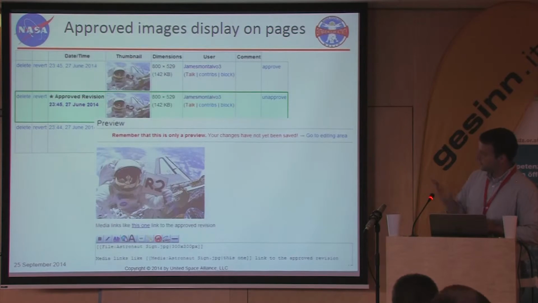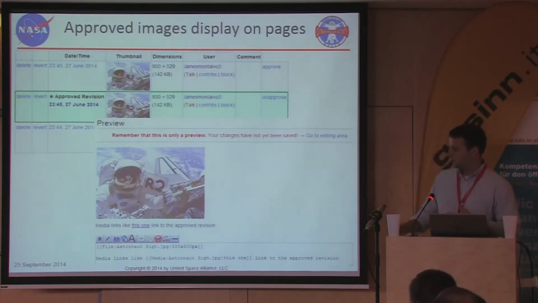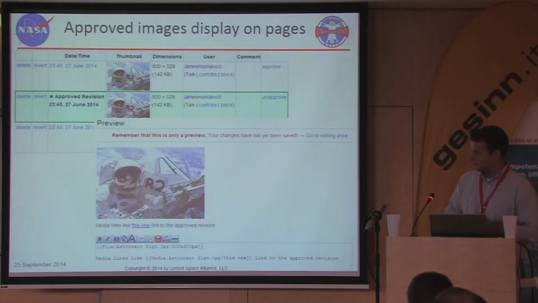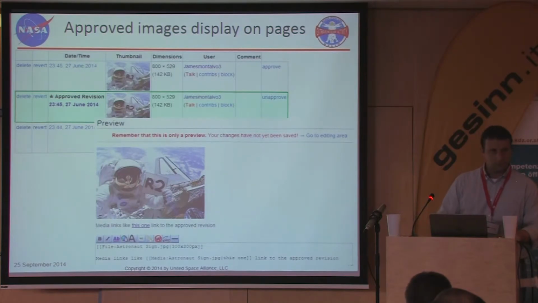The revision 2 is the approved revision. You go to a page where that image exists, it's going to show revision 2. Likewise, if you link directly to the file in that bottom line there, where it says media links like this one, link to the approved revision, you click on that link, it's going to bring you to the approved version, not the latest version.